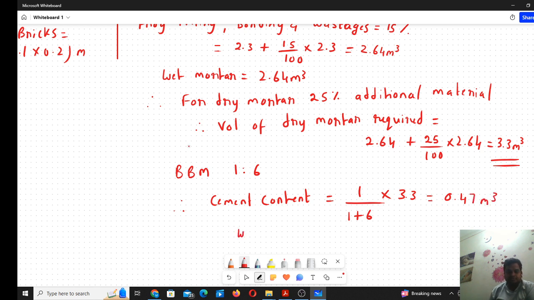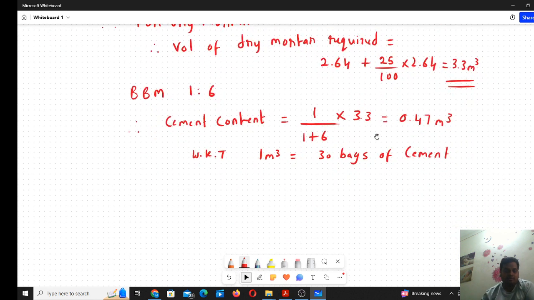Now by thumb rule we know that 1 m cube of cement is equal to 30 bags of cement of 50 kg. Now as we know, we only require 0.47.